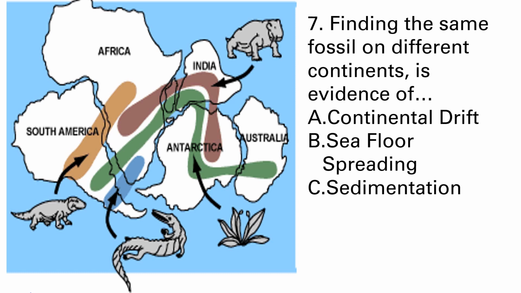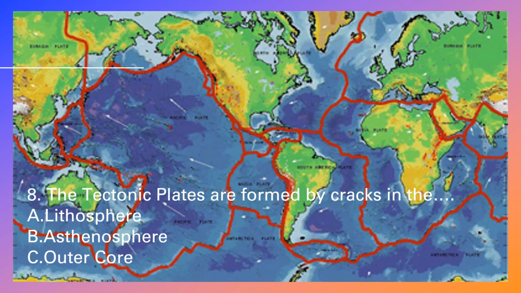Number 8, the tectonic plates are formed by cracks in the A, lithosphere, B, asthenosphere, or C, outer core.